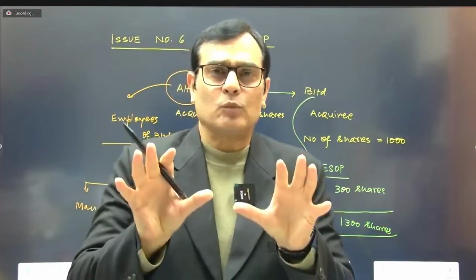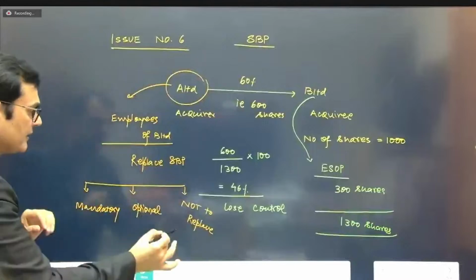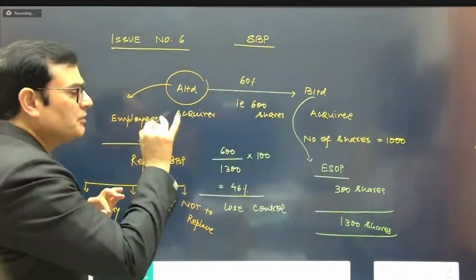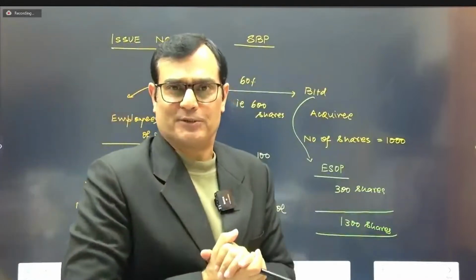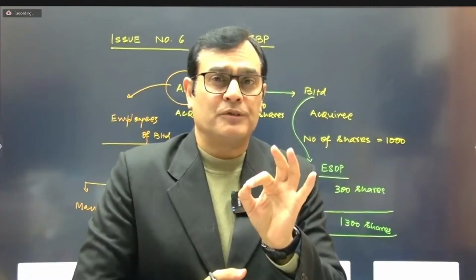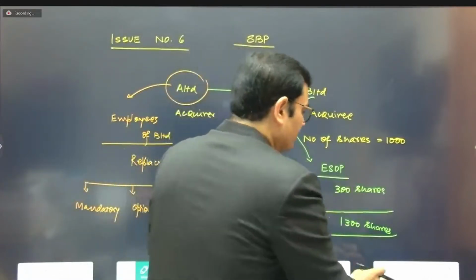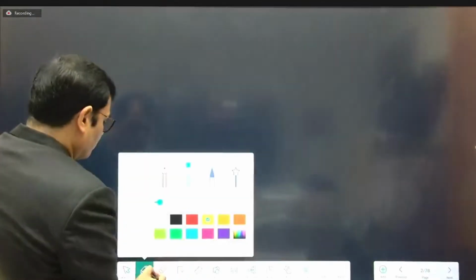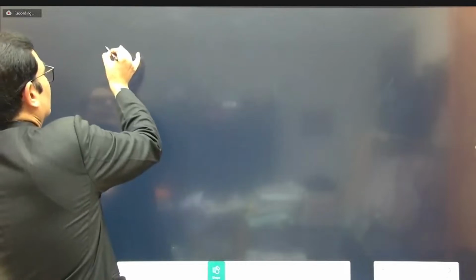Okay, now that we have this background, let's see the accounting treatment in these three cases. We are going to begin with the accounting treatment of these three permutation combinations. So let's now watch this chart.